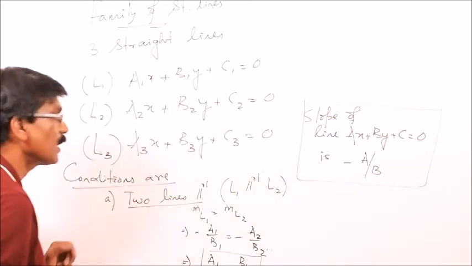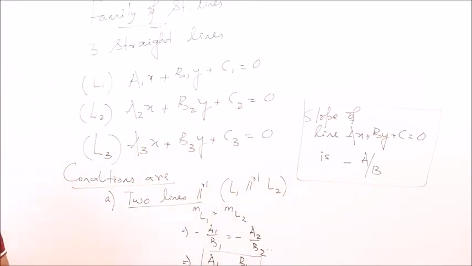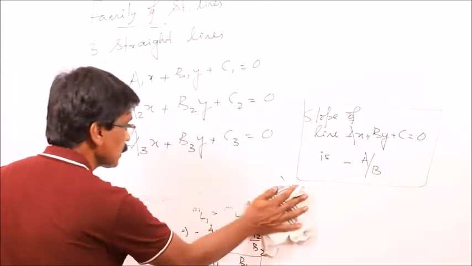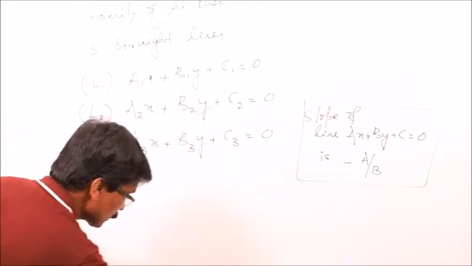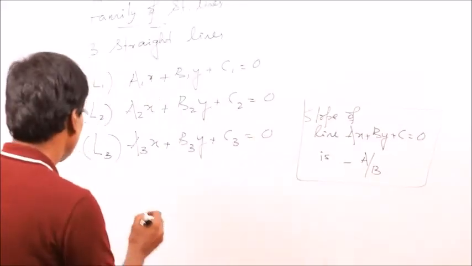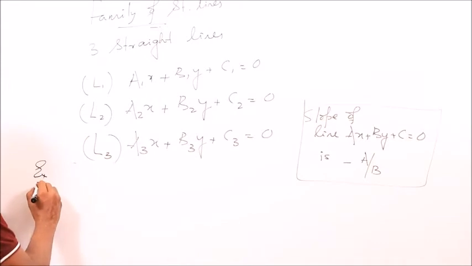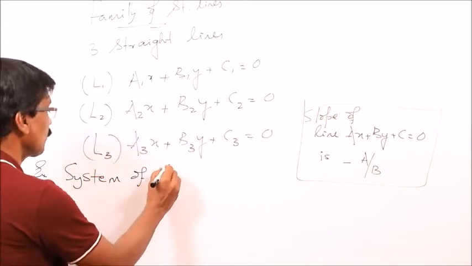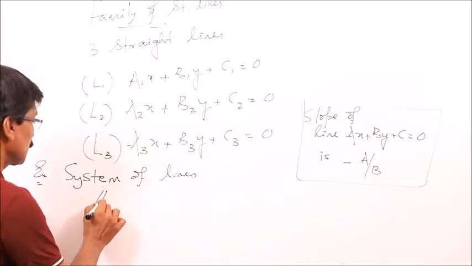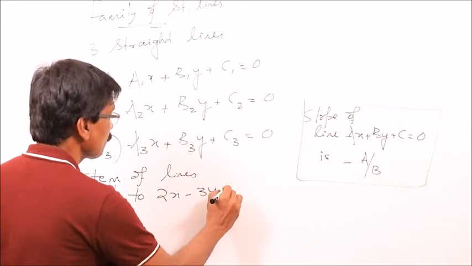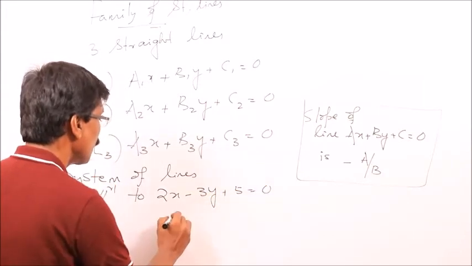So two lines are perpendicular. So that means, for example, we have system of lines parallel to 2x minus 3y plus 5 is equal to 0.